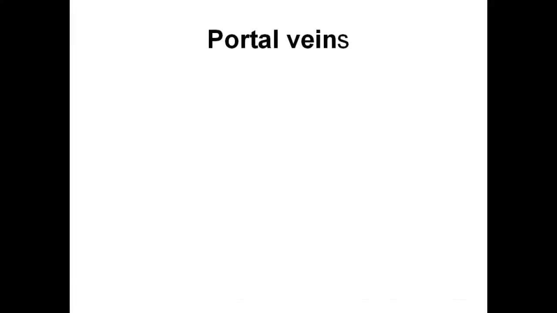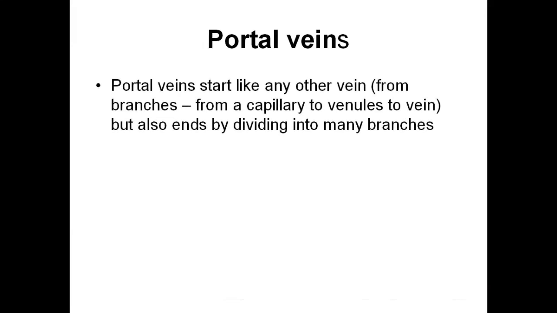One last set of veins that we haven't talked about, portal veins. Portal veins start like any other vein from capillaries, many capillaries that join together to form venules, very small veins. The small veins join bigger veins, and you get one single vein.